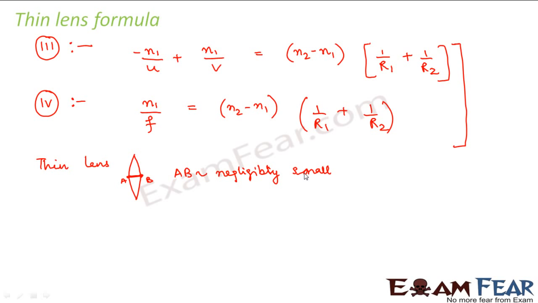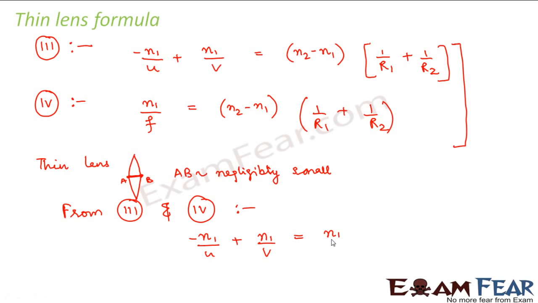So if we assume the lens to be a thin lens, in that case, from these two expressions, what do we get? We can combine these two expressions, and since the right hand side of both the equations are the same, from 3 and 4 we say that minus n1 by u plus n1 by v is equal to n1 by f.